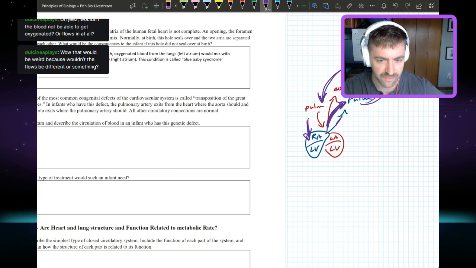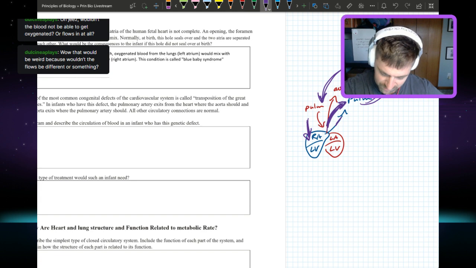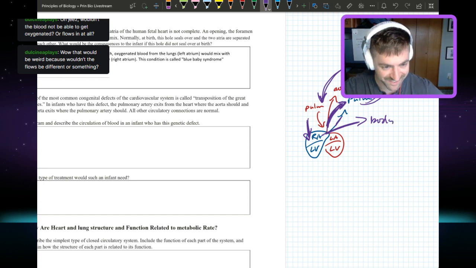The other pumps the blood from the right side of the heart via the aorta. Okay. To the body. Back to the right side of the heart.